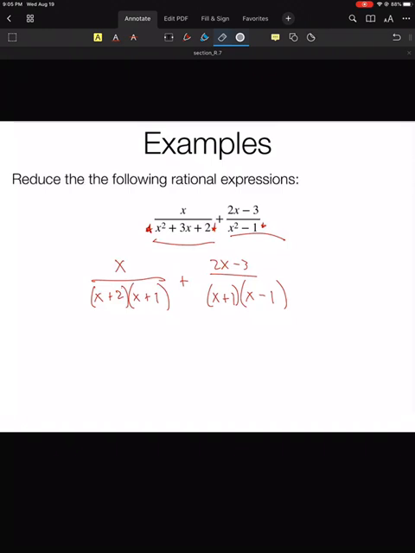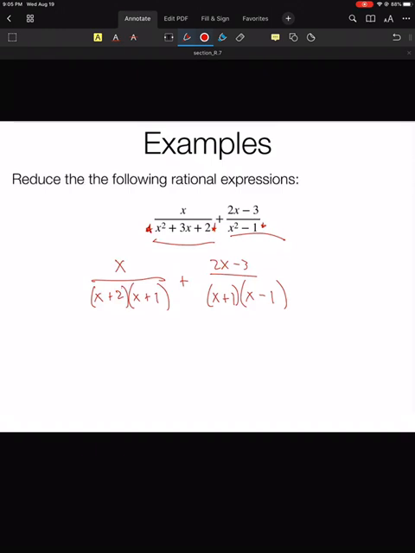Okay, so now I have my denominators factored. And so you have to think, is there anything in common to these? And yes, there is. And x plus 1 is common to both. So what's missing on the left side is an x minus 1.